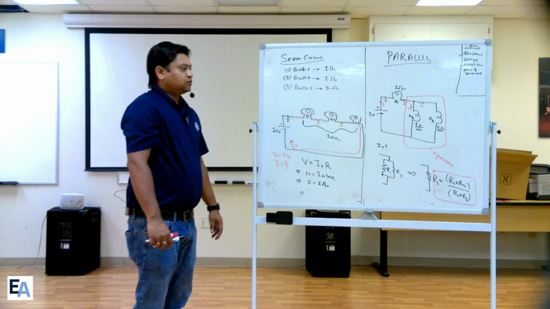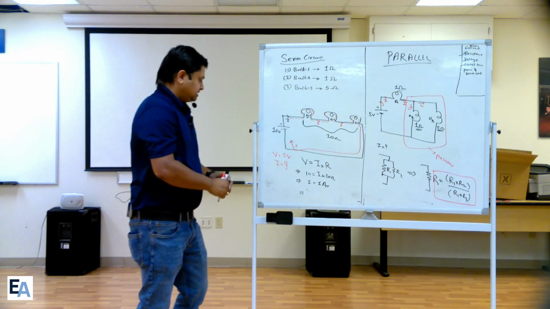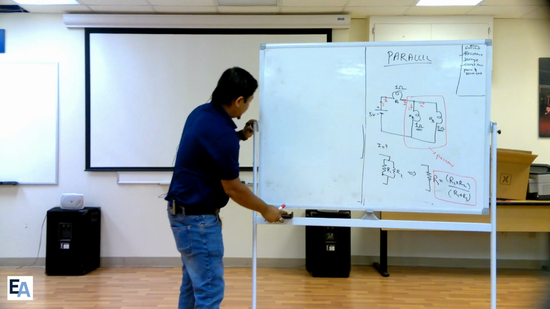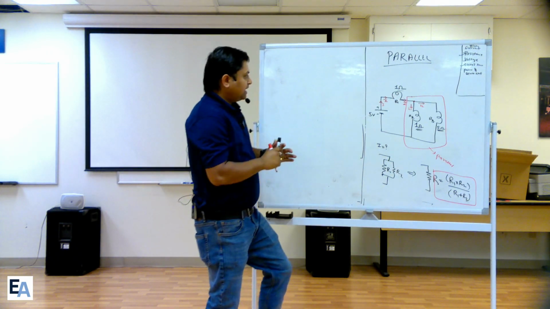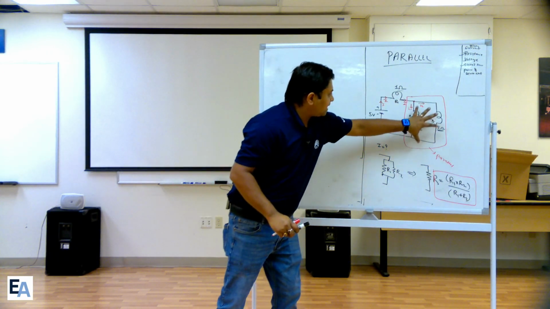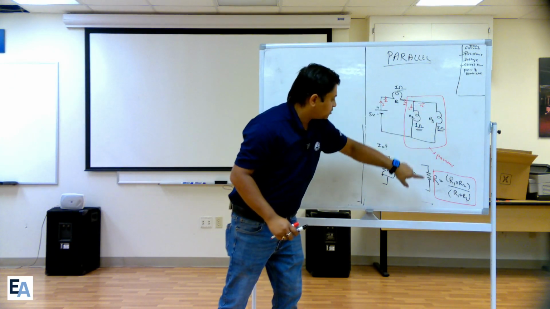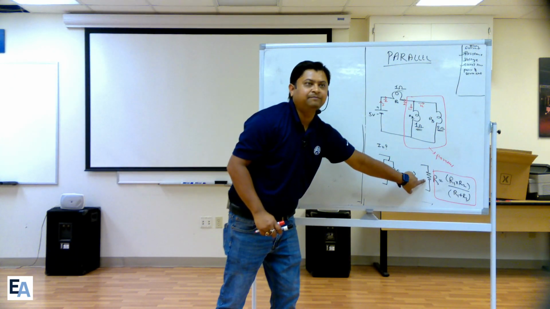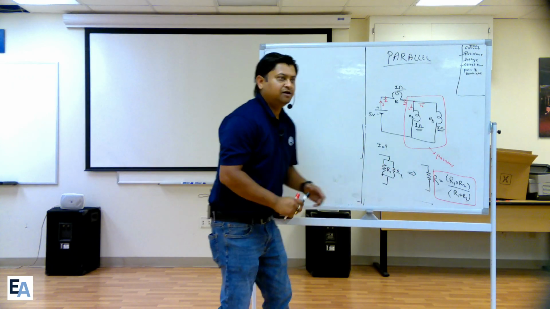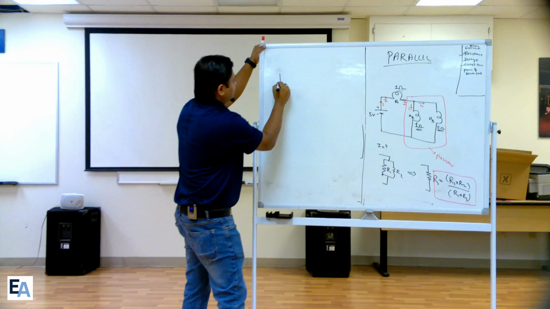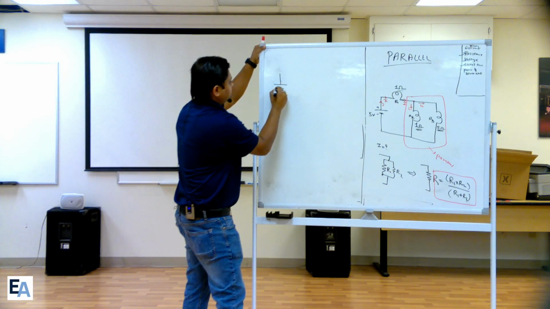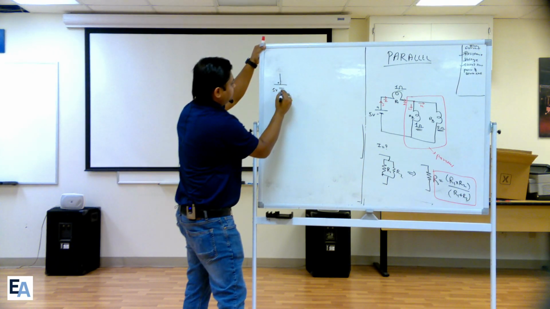So in order to solve this, if I could merge these two branches together, it will become easier. I can draw the same thing again. I make it a 5 volts, plus and minus.